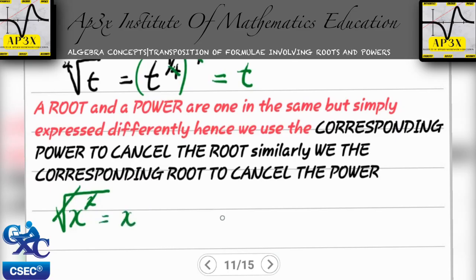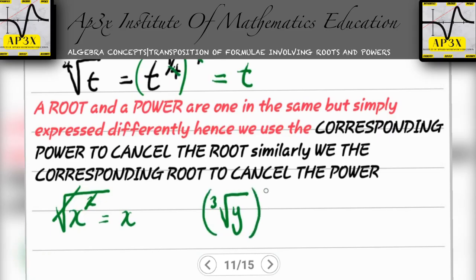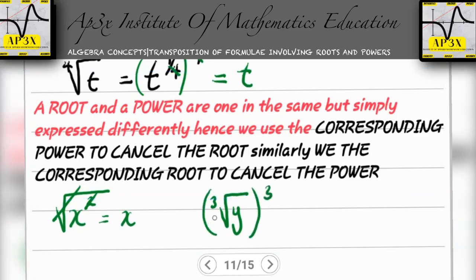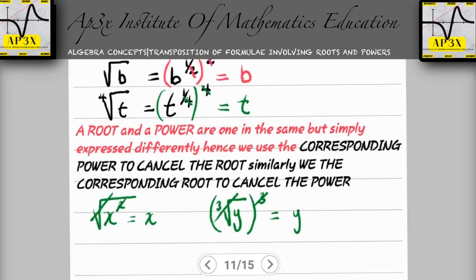Or it could be a case where we have the cube root of y. To cancel that cube root, we raise this to the power of 3, so that the cube root is cancelled by the power of 3, and therefore we get access to whatever is under the root, which in this case is y.